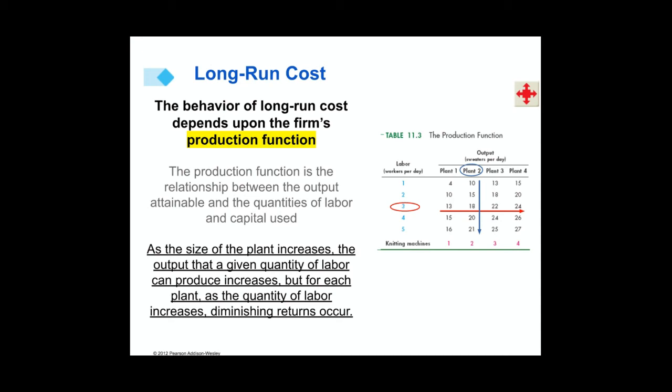In the example we have here, as the plant size increases, the output of any given quantity of labor also increases. Capital and labor work together. Capital makes labor more productive. But as we add more workers, which is a variable resource, there's diminishing returns that occur eventually.